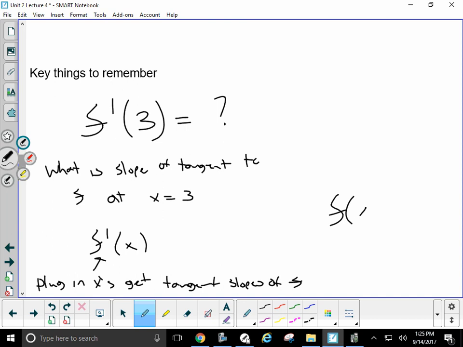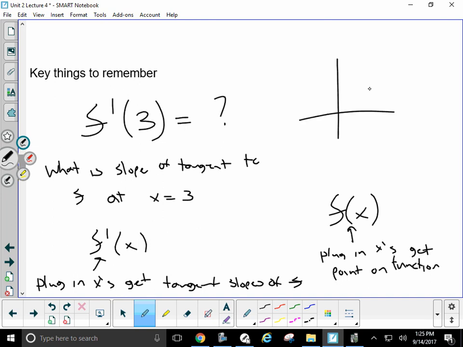Now, what happens when I plug in x's into a function? I get y's. I get the points on my function. So what we're going to be doing is looking at graphs, and not only the tangent slope, but we're going to look at the equation of this line.